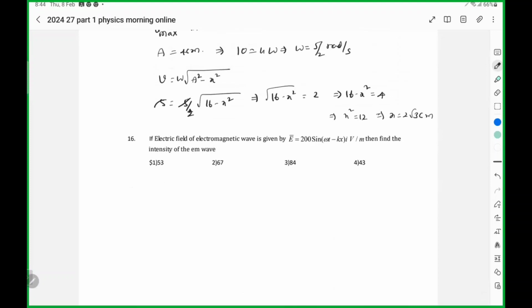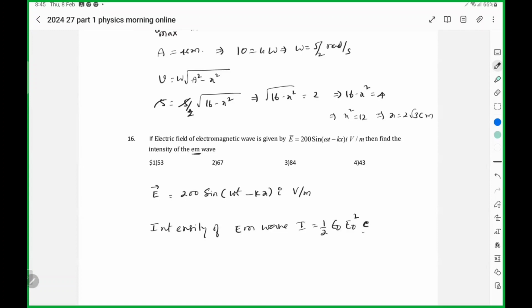So the electric field is given, and the wave is propagating in the x direction. Then find the intensity of the electromagnetic field. The intensity of an EM wave is equal to half epsilon naught c E naught squared.